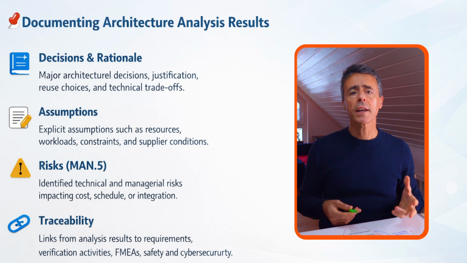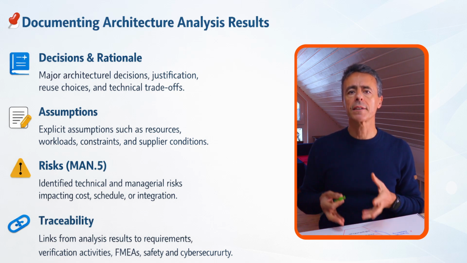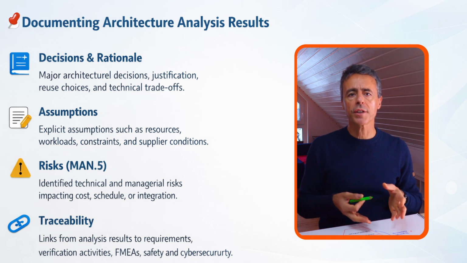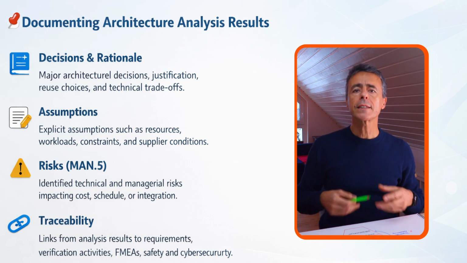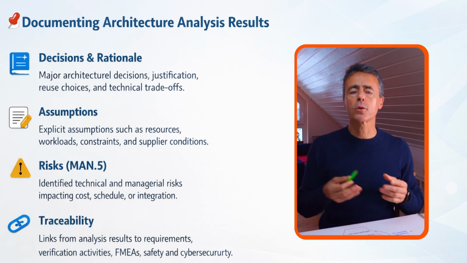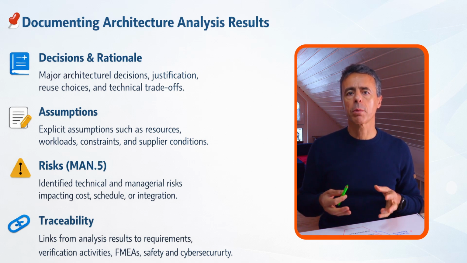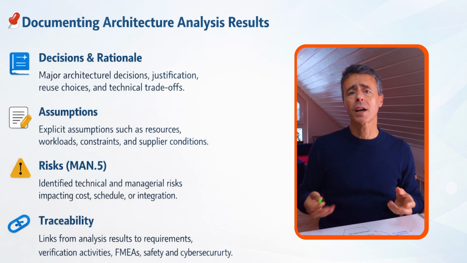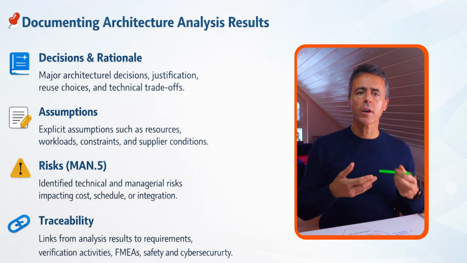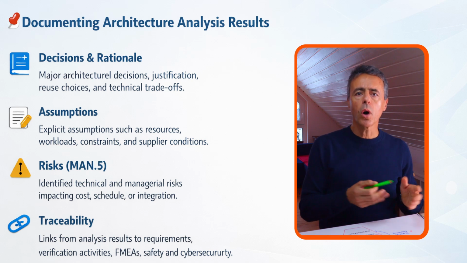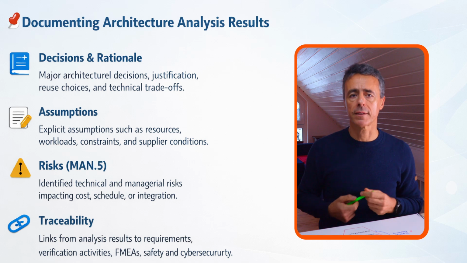Finally, in cases where functional safety or cybersecurity is relevant, architecture analysis can trigger changes to the safety concept or to the cybersecurity concept. These changes must be traced back to their source. Very often this traceability, for example to FMEAs, is not done properly. Always keep traceability in mind. Architecture analysis often leads to new or updated requirements, which must be traceable back to the analysis.